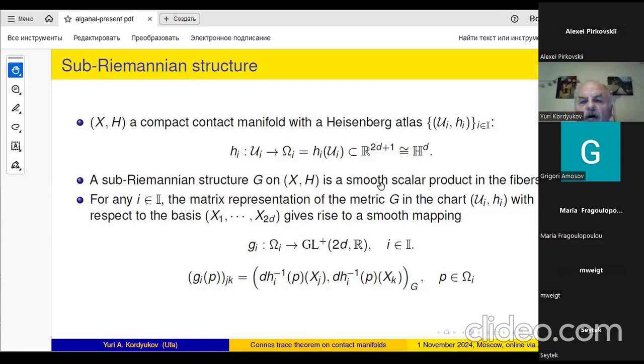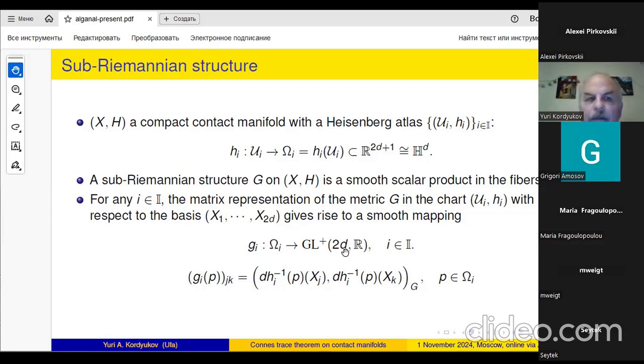Of course, once we have this Heisenberg atlas, then we have these vector fields X1, X2, up to X2d, and we can take the corresponding matrix of this scalar product, which gives us in a usual way a 2d by 2d square matrix, which is positive definite.